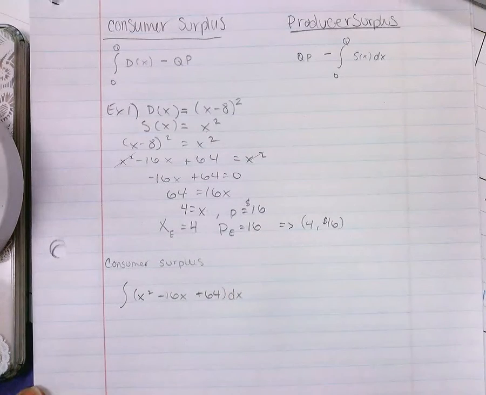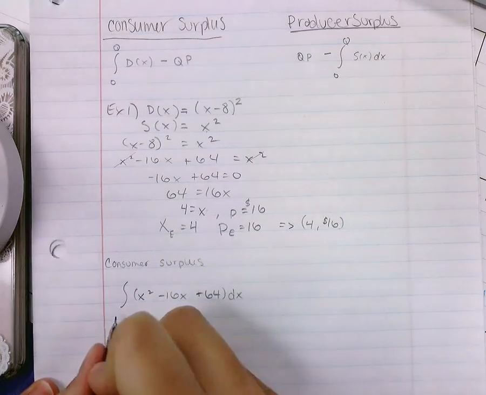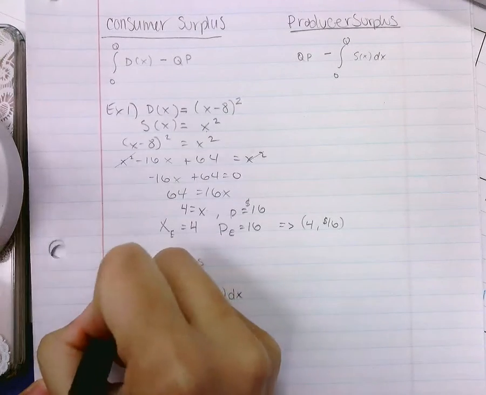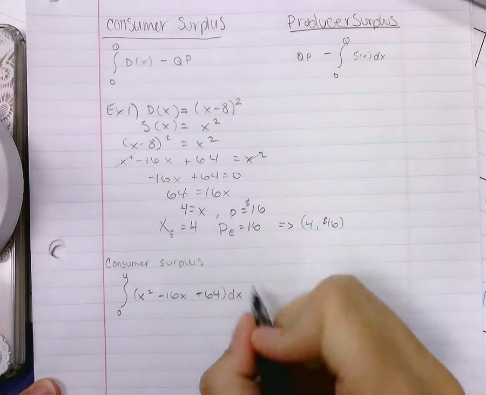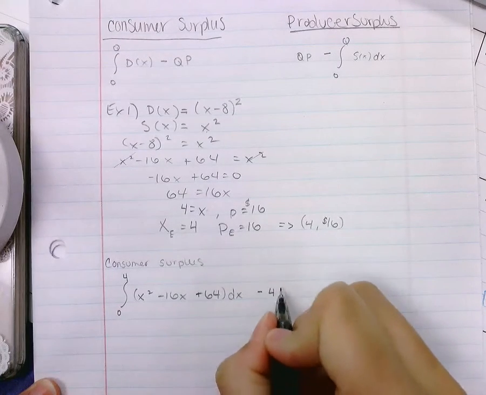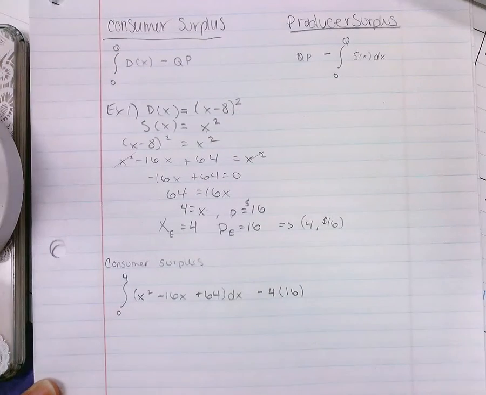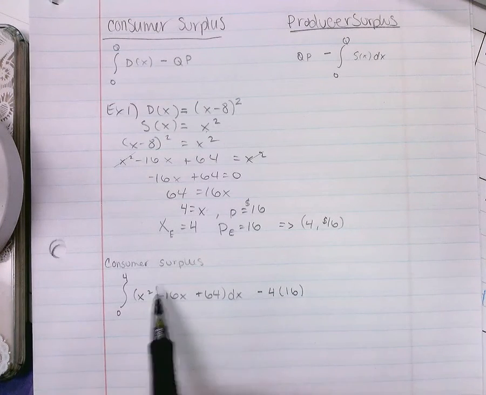So my recommendation is to expand it. And you're going to evaluate that from 0 to 4, the equilibrium quantity, so the x value. And then you're going to subtract 4 times 16. So the equilibrium quantity times the equilibrium price, because that's how much money we would be spending.